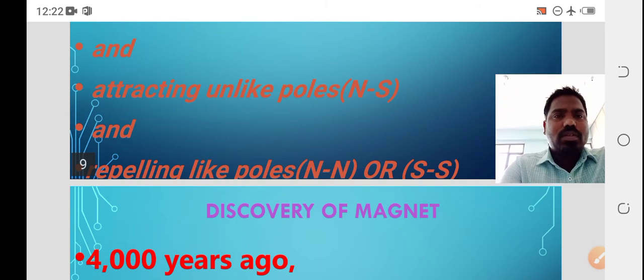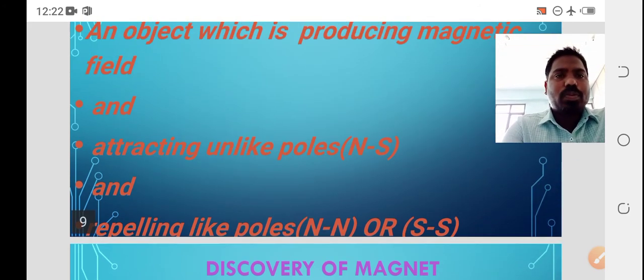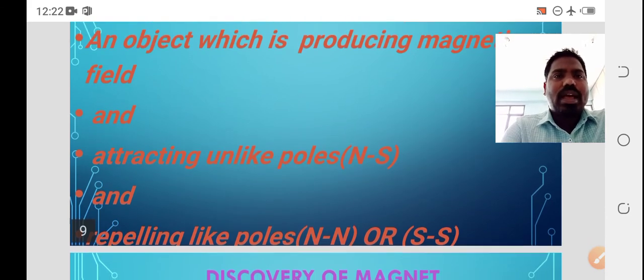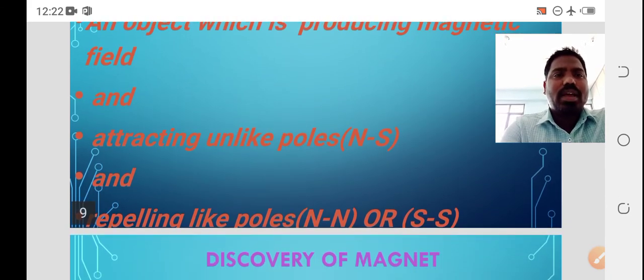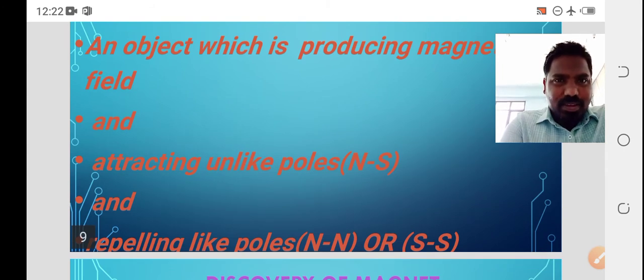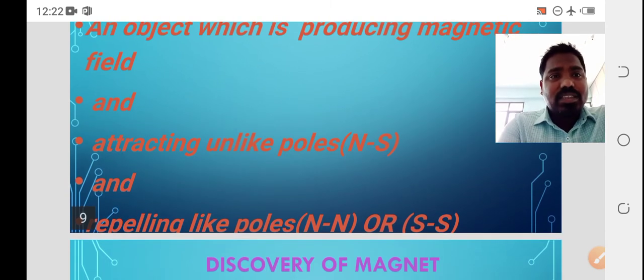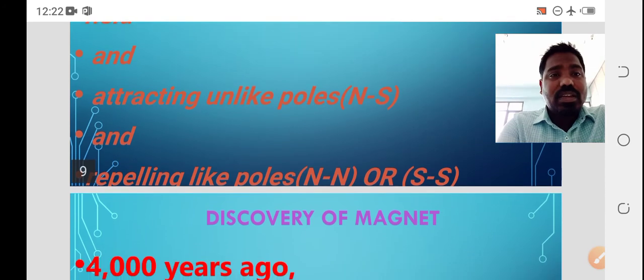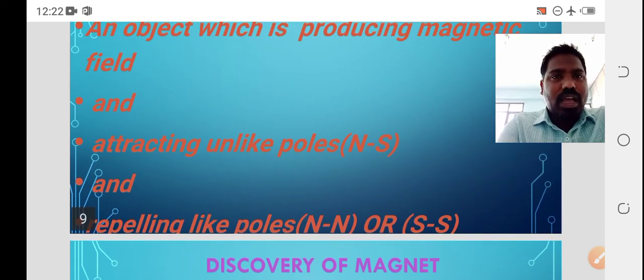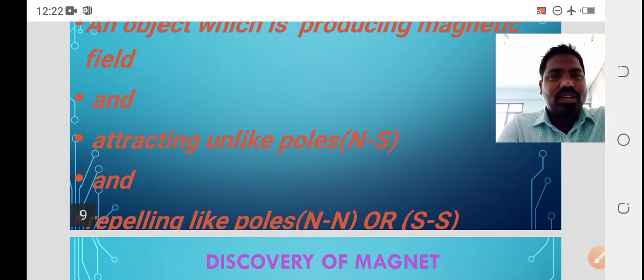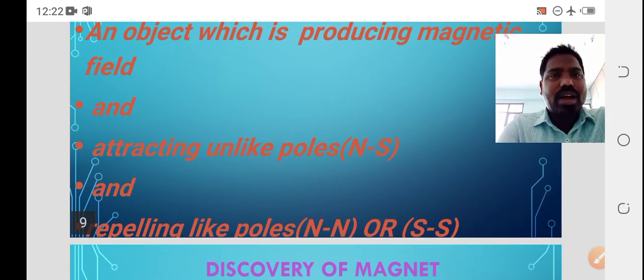An object which has an attractive or repulsive property and which is also creating a magnetic field is defined as a magnet. If the material has these properties, like attraction, repulsion, and creating a field, then the object is defined as a magnet.